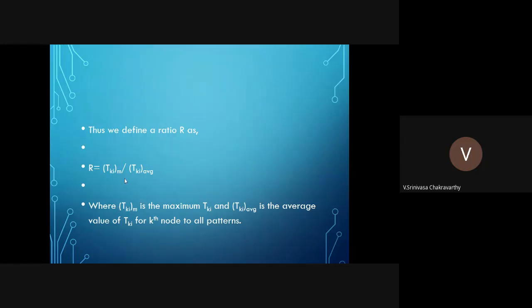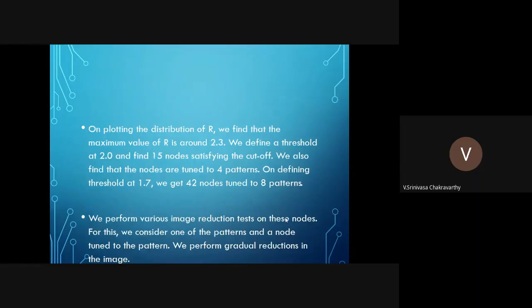So you take the Tki value, the response of the neuron to the ith pattern, and divide it by the average of the Tki score to all other patterns. That number tells you how strong the tuning of the kth neuron is on the whole. It doesn't matter to which pattern.